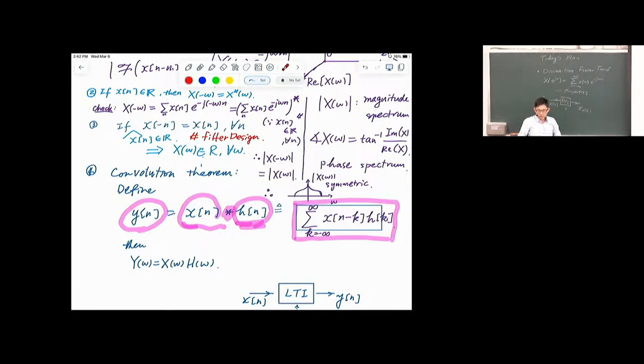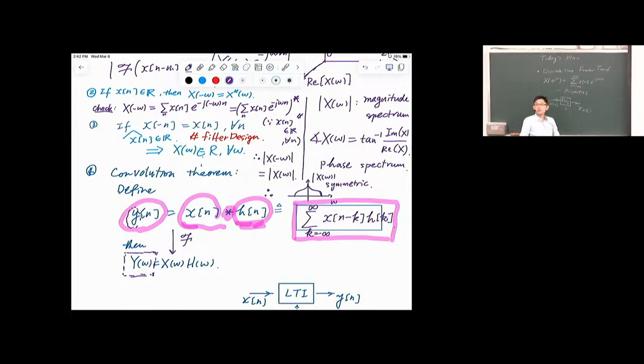Under this definition, now when we consider taking the Fourier transform, on the left-hand side we denote the result as a spectrum big Y, corresponding to small y. It turns out that when we have convolution in the time domain, we have multiplication in the frequency domain.